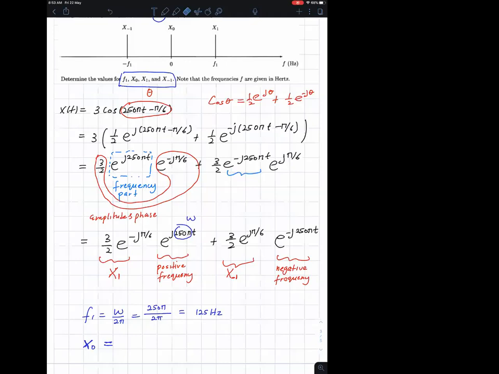Kavin, what's the DC value? Feng Sheng Wei, what is the DC value?